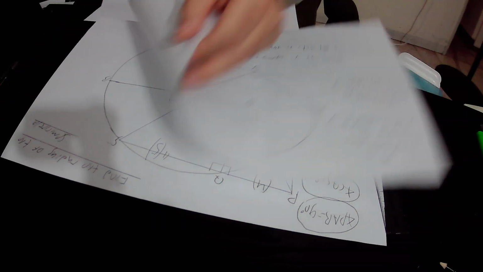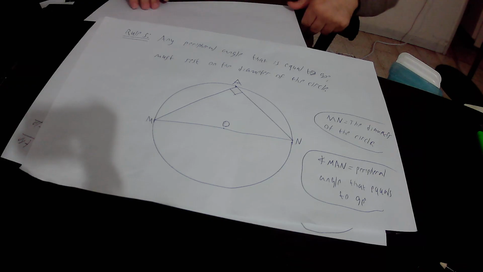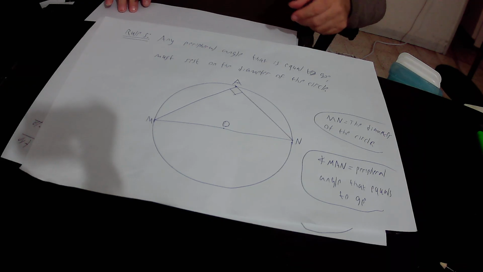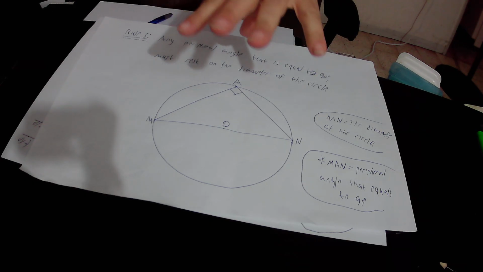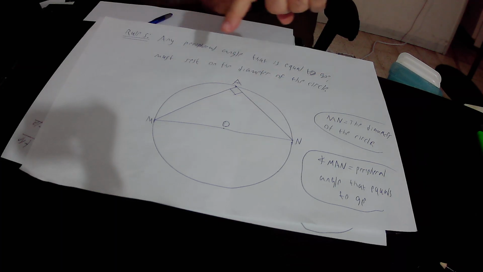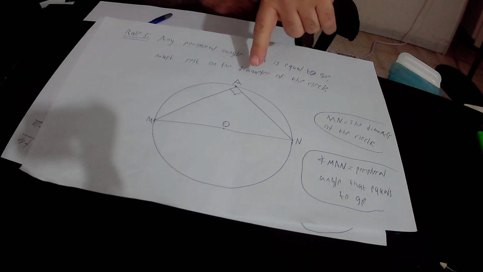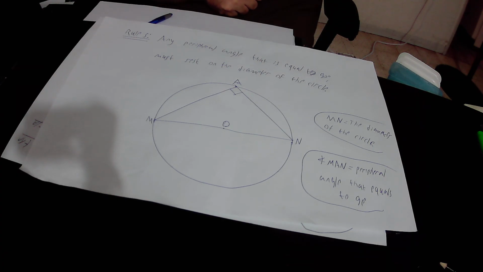According to rule number 5, any peripheral angle that is equal to 90 degrees must rest on the diameter of the circle. So here we have a circle. Inside this circle we have peripheral angle MAN, and this peripheral angle MAN equals 90 degrees in its size.